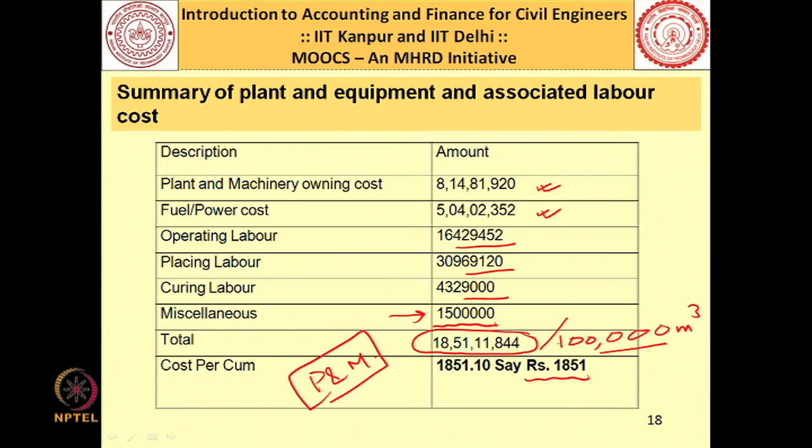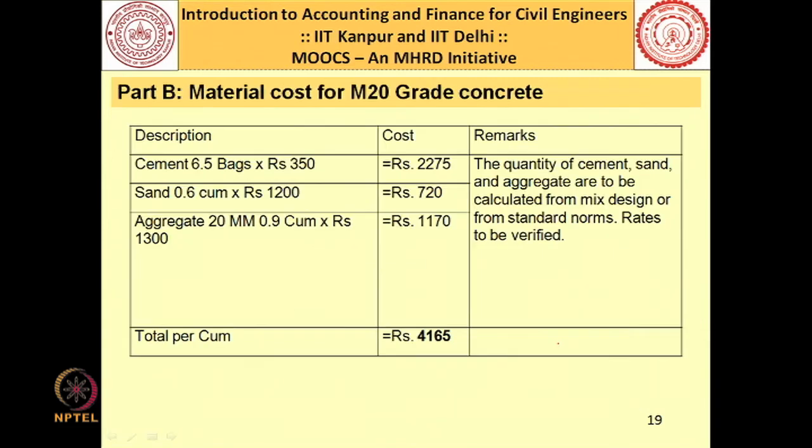right. Now we will see the material cost. So how much cost we would require in order to produce 1 cubic meter of M20 grade concrete. Although exact quantity you will be able to get only after the mix design, but for tendering purpose I can assume that I require 6.5 bags cement at a cost of 350 rupees.